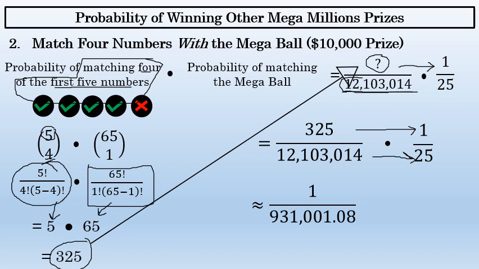As a percent, this means that you have a 0.000107% chance of matching 4 numbers with the mega ball and winning $10,000.